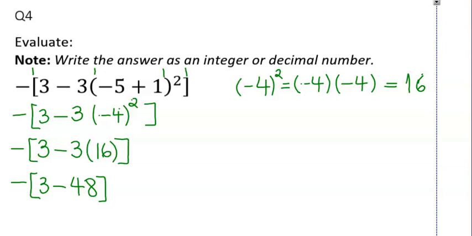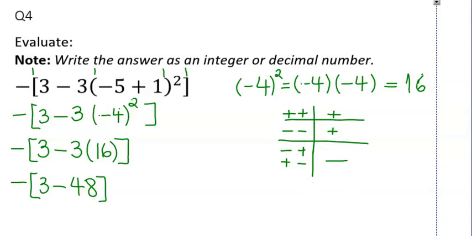Now, how does this work with multiplication? If we have the same signs, the result is positive. If I have different signs, the result is negative. Right? Now, what is the result of this? I have a positive 3 and a negative 48.